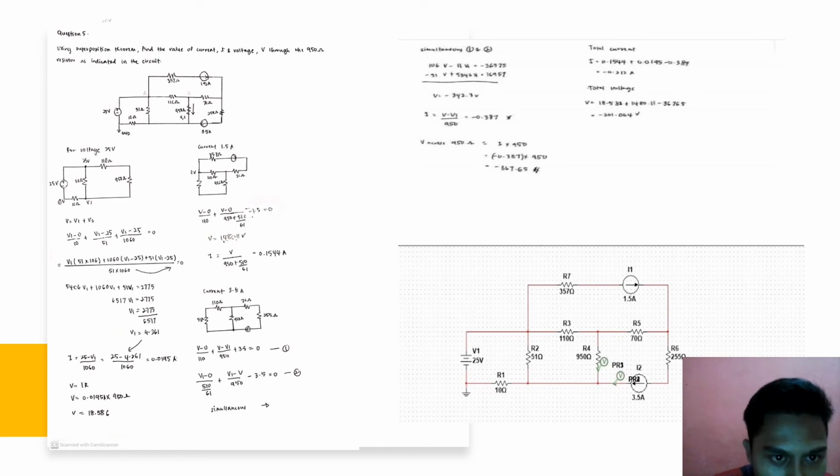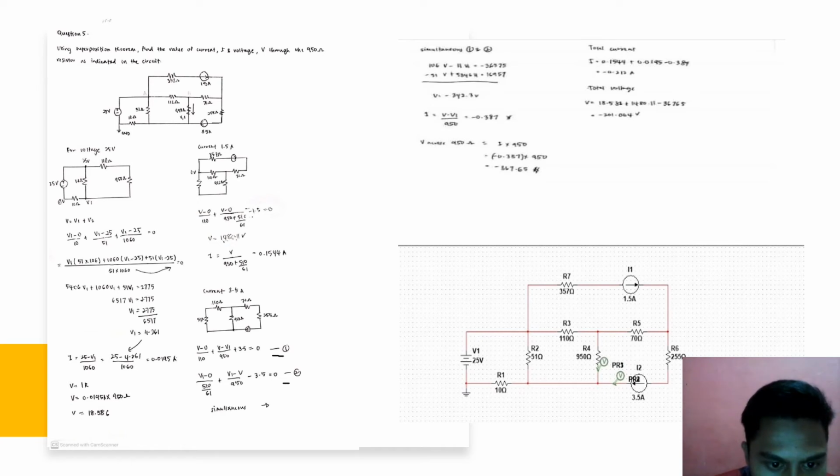For the 1.5 current source we also use superposition theorem, so we calculate this and get the current 0.1544 ampere. For 3.5, this is the current, and we substitute and get equation 1 and equation 2.